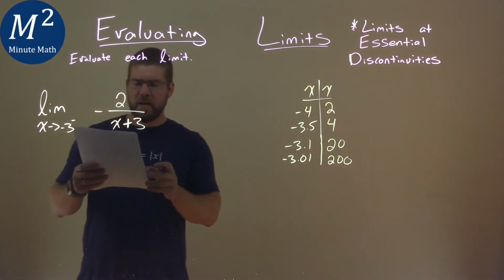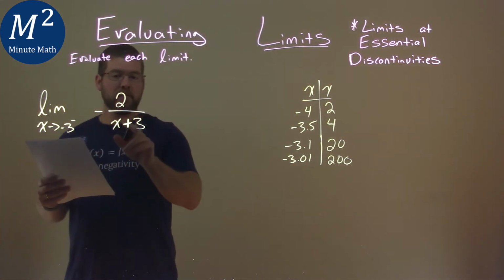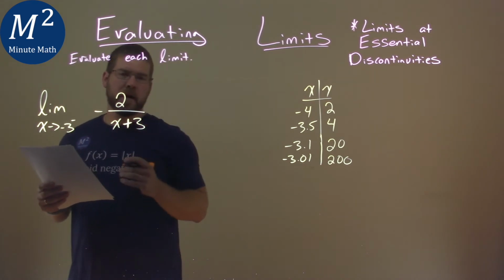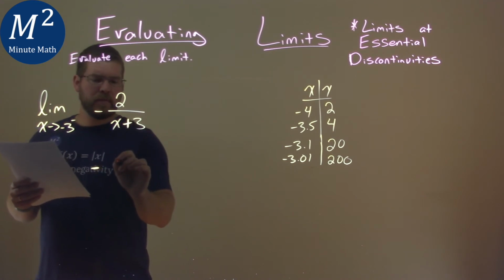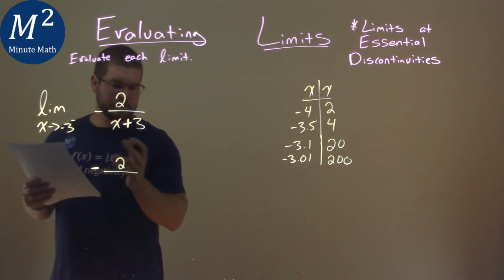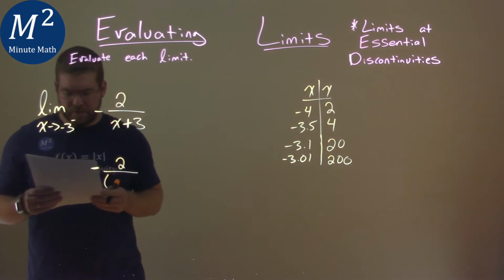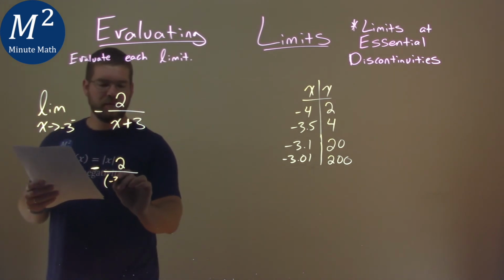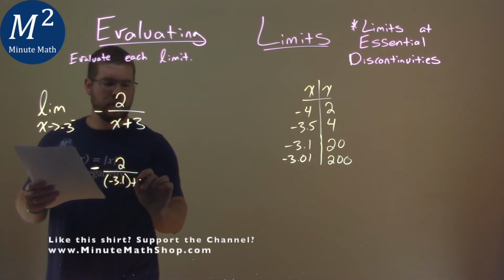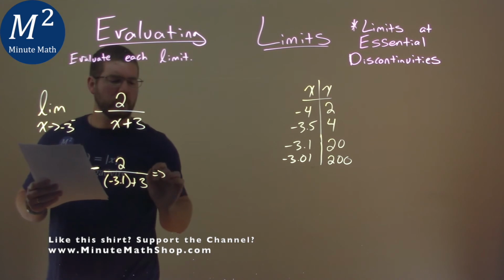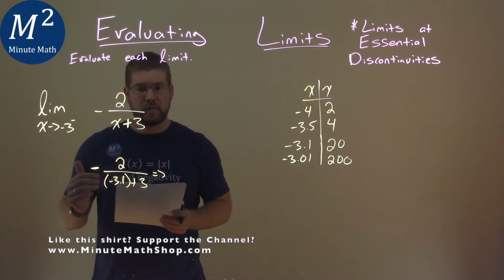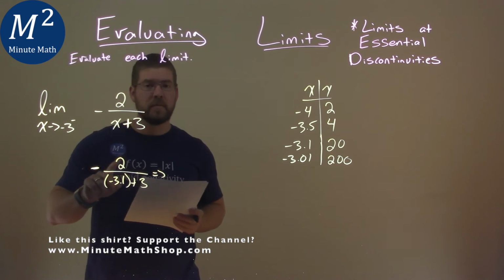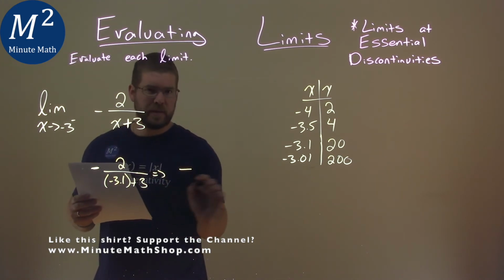If I plug in a value that's just to the left of negative 3, I'm going to look if this is overall a positive or a negative. So I put a negative out here, and we have a negative 2 up top, or 2. And I'm going to put a value just to the left of negative 3, which is negative 3.1, for our x value. And now what I'm looking for is, is our overall result positive or negative? We have a negative times a positive number, so our numerator turns out to be a negative.